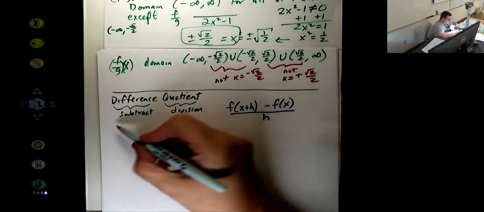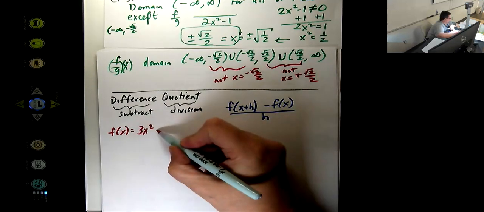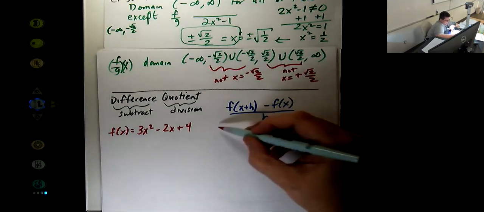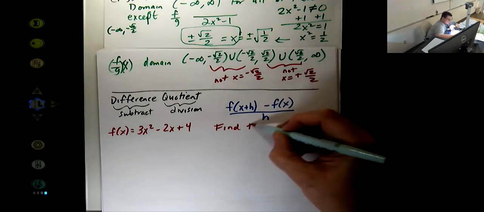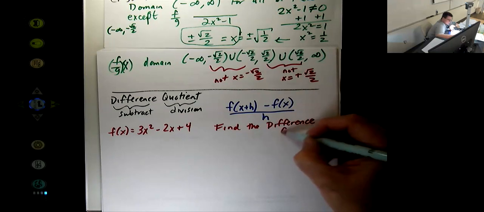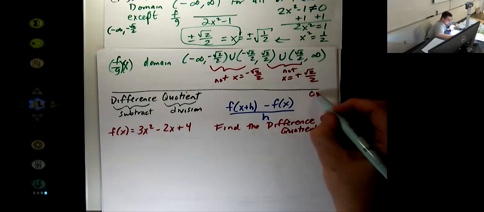So let's say f of x equals 3x squared minus 2x plus 4. Find the difference quotient. This will be on the exam.